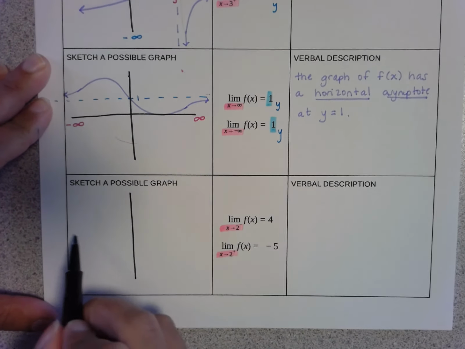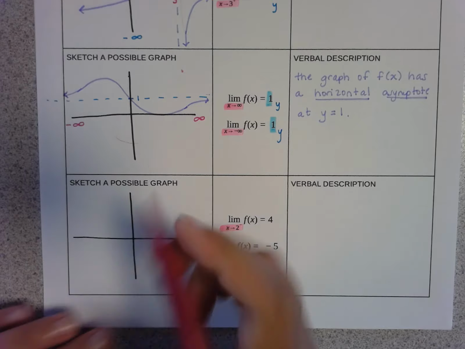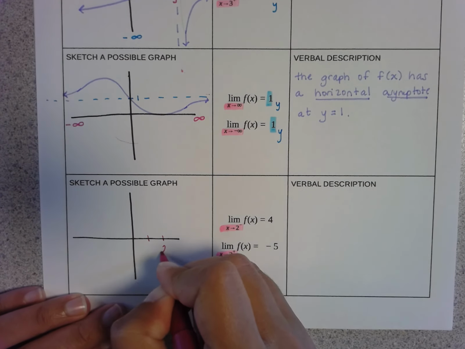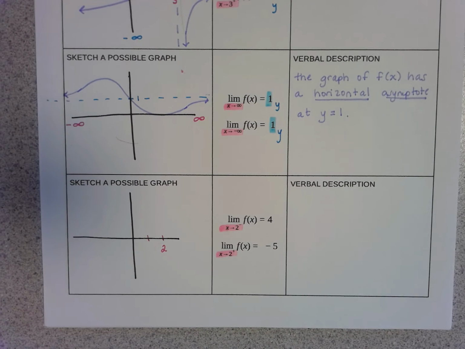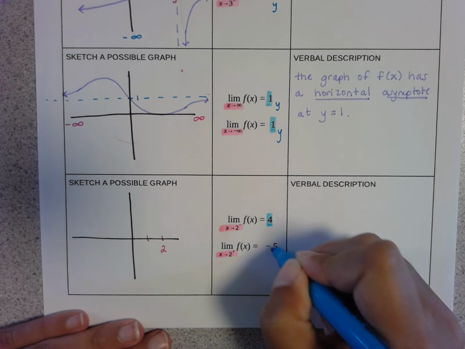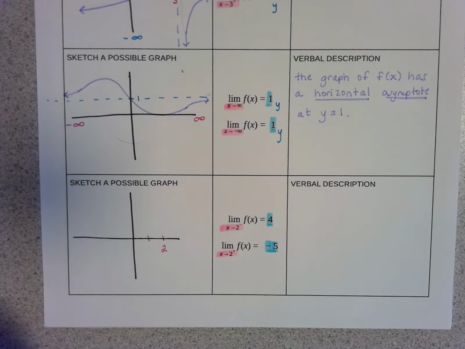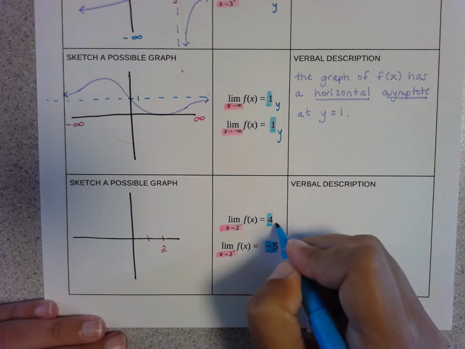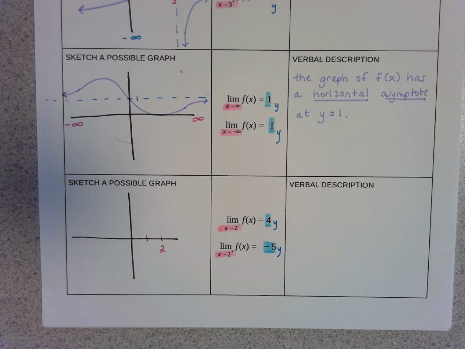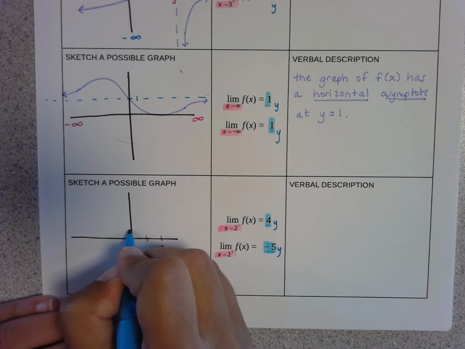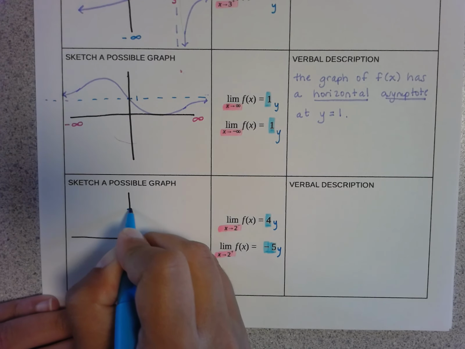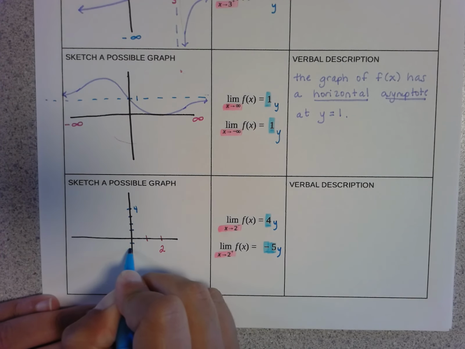When I draw my graph, I'm going to make sure that I include the number 2 on the x-axis. Then I'm going to pay attention to my important y values. So the first y value here is 4, and the second one is negative 5. Based on that information, I'm going to make sure to include the number positive 4 and the number negative 5 on the graph.